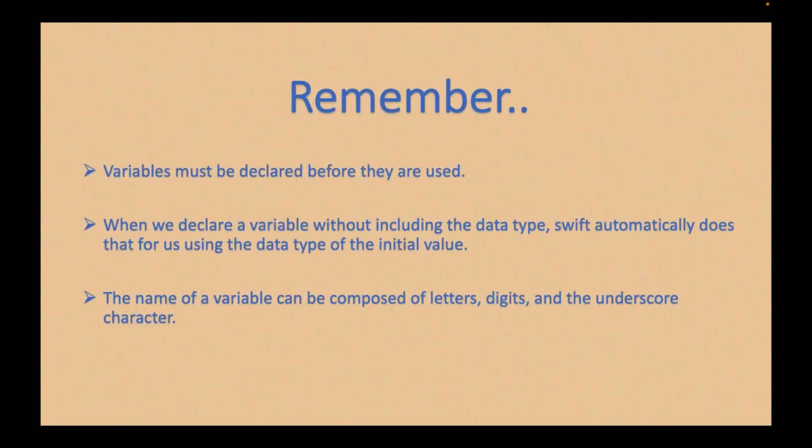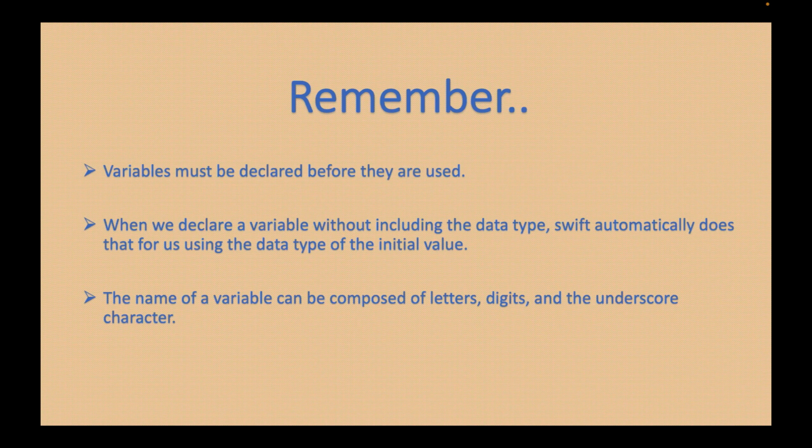Now remember, variables must be declared before they are used. So you have to declare, okay, you can provide the initial value later on, you can provide the data type later on, but one of them you have to provide first. Either it's a data type or it's an initial value. Now when we declare a variable without including data type, Swift automatically infers it using the initial value.